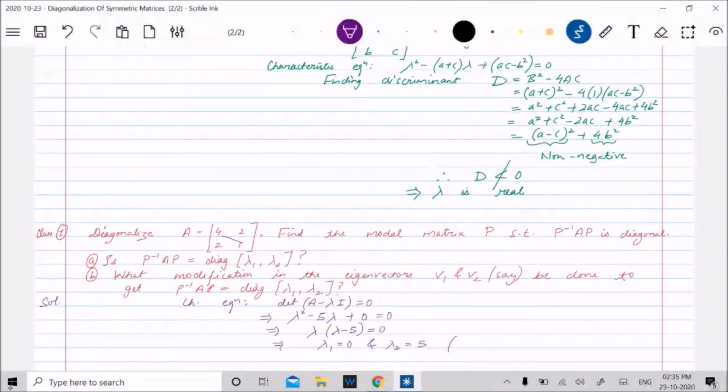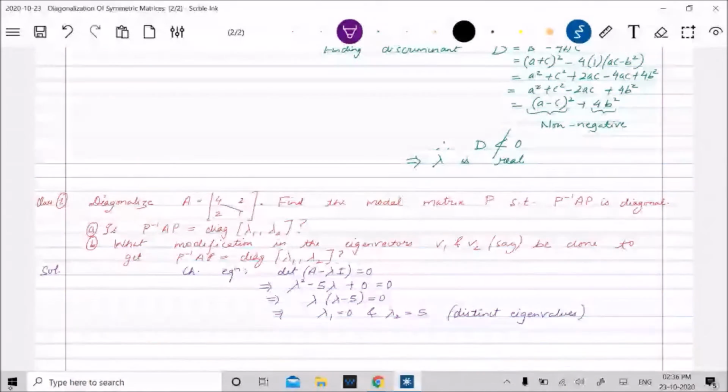So the first thing is that distinct eigenvalues are always good to have, because there is no tension to get two or three eigenvectors from just one eigenvalue, right? You will be observing in the next section that repeated eigenvalues are not always good to handle at this age between 18 to 20, right? So, distinct eigenvalues.